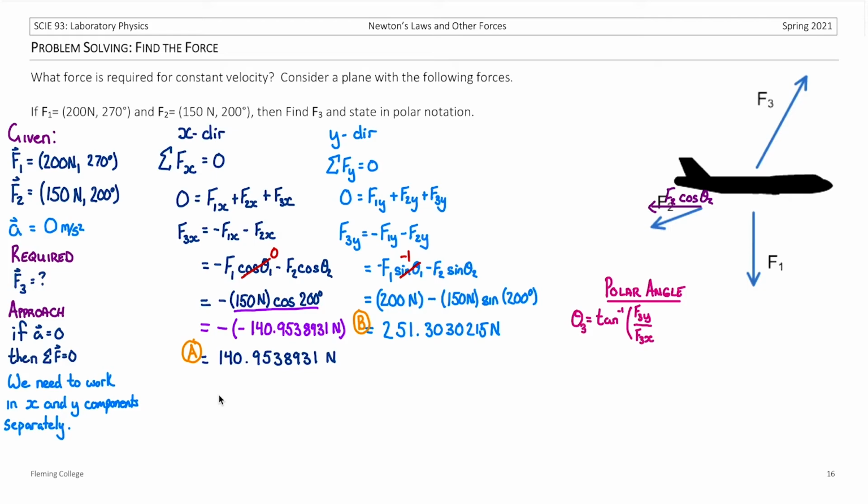I should be more specific that this is theta for force 3. Similarly, when we're looking for the polar magnitude, we would be looking for the size of force 3, and we would use force 3's x component squared plus force 3's y component squared, and we would need to take the square root of that value.